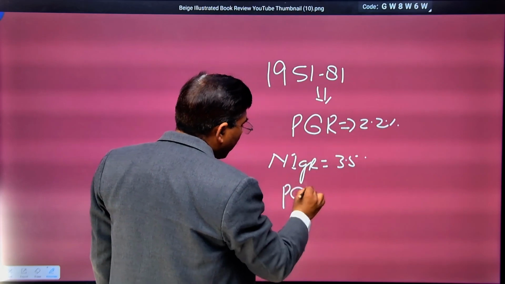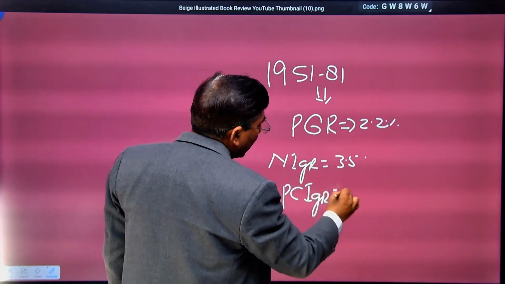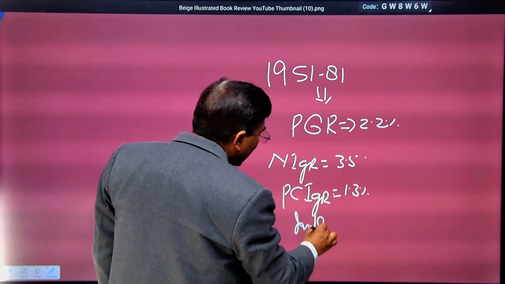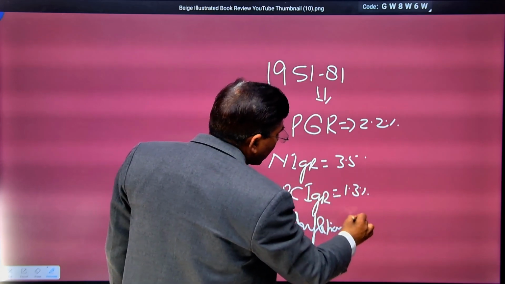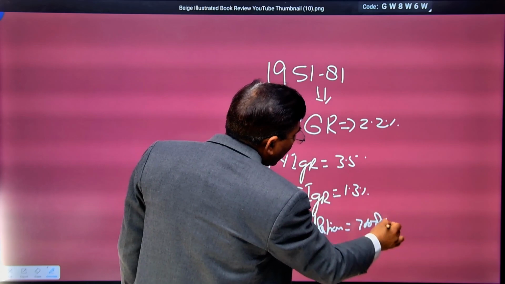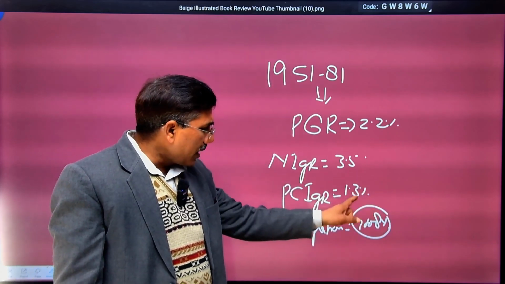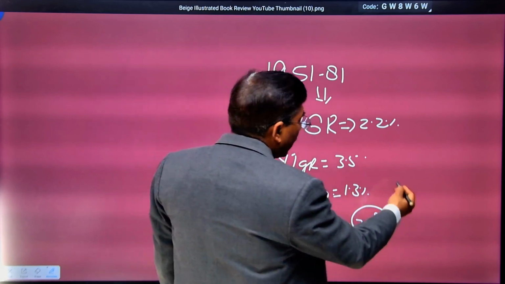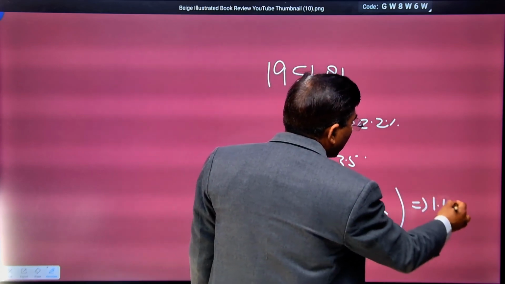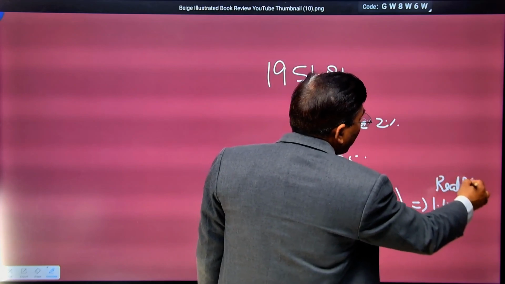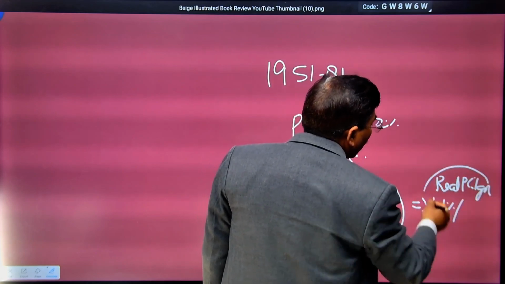It means the per capita income growth rate during these 30 years was 1.3%. If you consider the inflation rate during this period, it was 7 to 8% per year. If you deflate the 1.3%, you will get only about 1.1% real per capita income growth rate, real PCI growth rate, during this period.